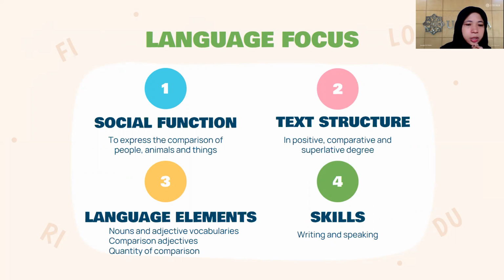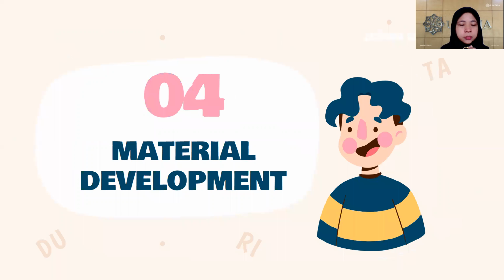The language elements that students are expected to master are noun and adjective vocabularies, comparison adjectives, and quantity of comparison. And in this lesson, students are expected to have writing and speaking skills.